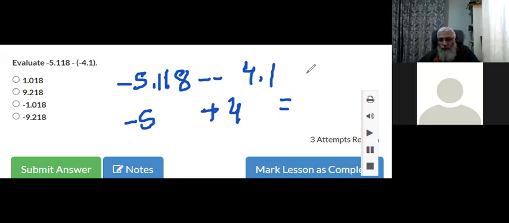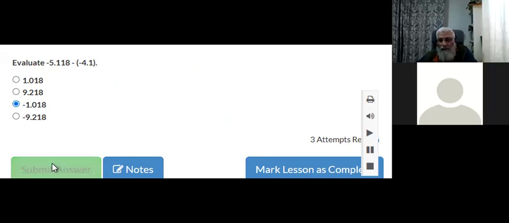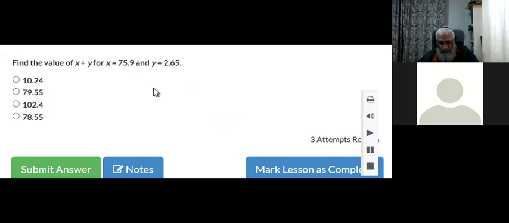Negative 1. 1 if you subtract 5 minus 4. 5 minus 4 is 1. Yes. But negative 5 plus 4 is negative 1. So where is the solution here? It is the third one, C. Negative 1. Yes, this one.